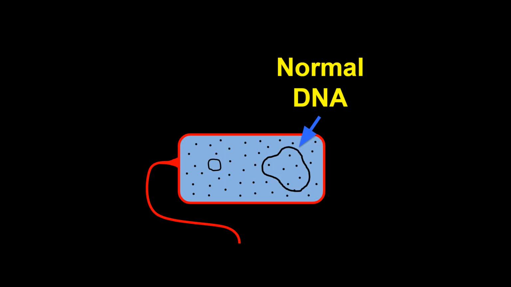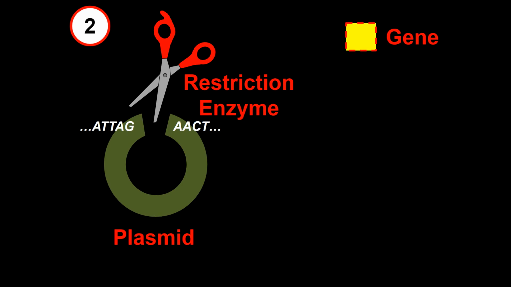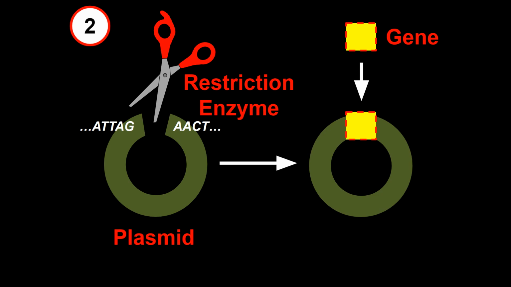So remember, bacteria, in addition to their normal DNA, also have plasmids, which are small bits of DNA that can be passed between bacteria. So what I'm going to do is take that same restriction enzyme and I'm going to cut the plasmid. So now I can actually insert this human gene into the plasmid.